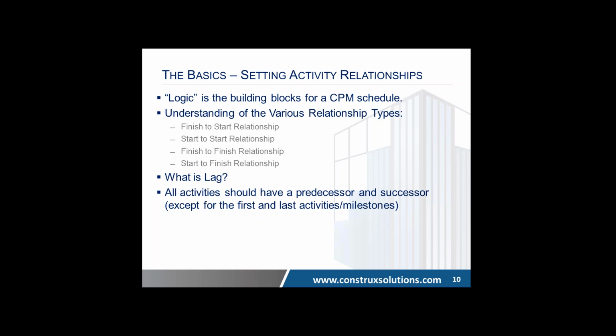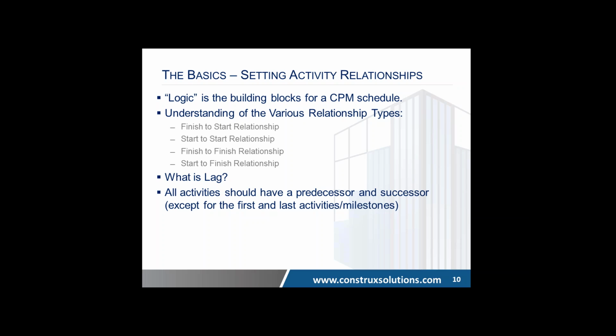But generally speaking, best practice in CPM scheduling is to ensure that every single activity has a predecessor or successor. A lot of times I've seen people not put predecessors or successors on some activities just because they don't know what one would be, they haven't thought about it, or they think the simple way is to just put a constraint on.